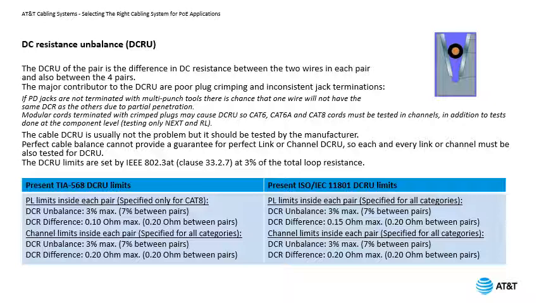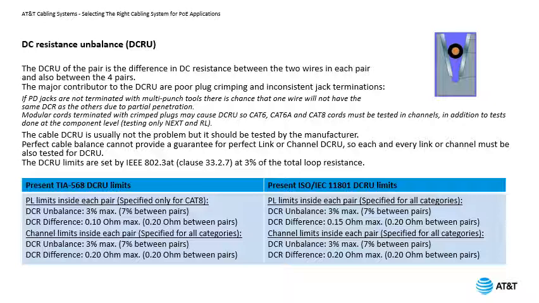You can see here the comparison between the TIA and ISO standards: the limit inside each pair should be a maximum of 3% of DCR imbalance. The DCR difference is 0.1 ohm maximum.